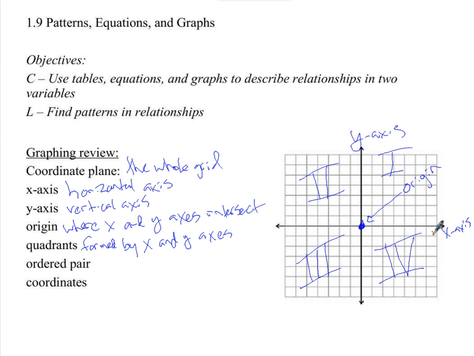Yes, that's what it looks like. An ordered pair looks like parentheses with two numbers, and then they're separated by a comma. That's what an ordered pair looks like. If I put a point on here, I could represent that point with an ordered pair. You're right, those are coordinates. What are the coordinates of that ordered pair?